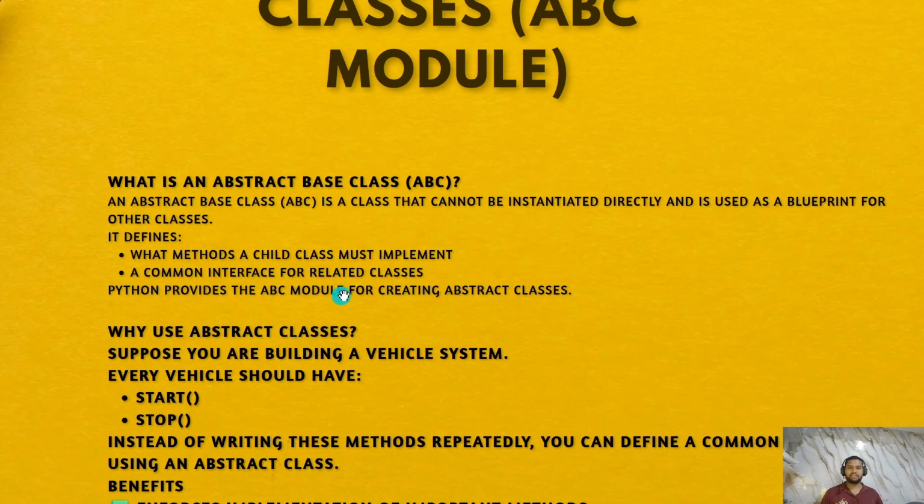A common interface for related classes means when we create a method inside an abstract base class, we can use this as an abstract method in other child classes. Python provides the ABC module for creating abstract classes.